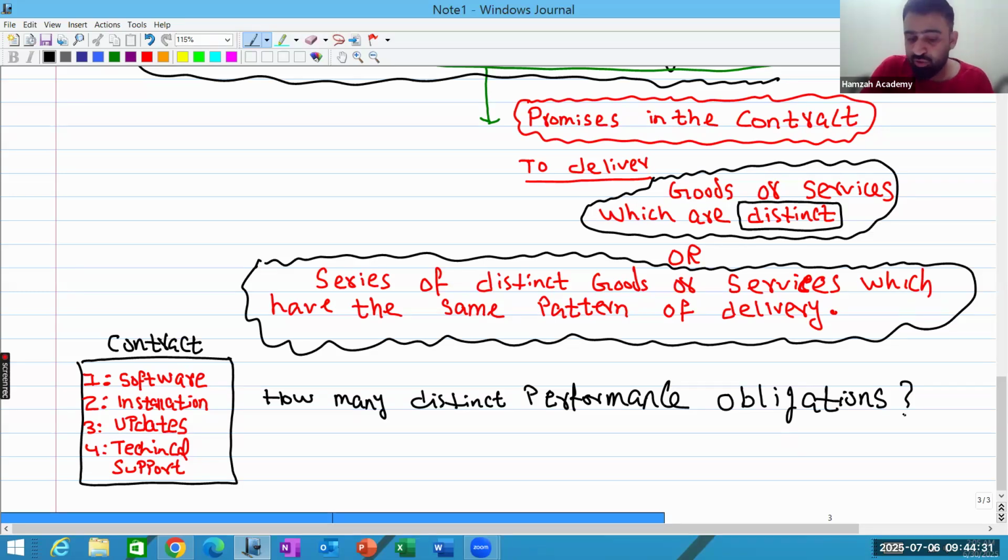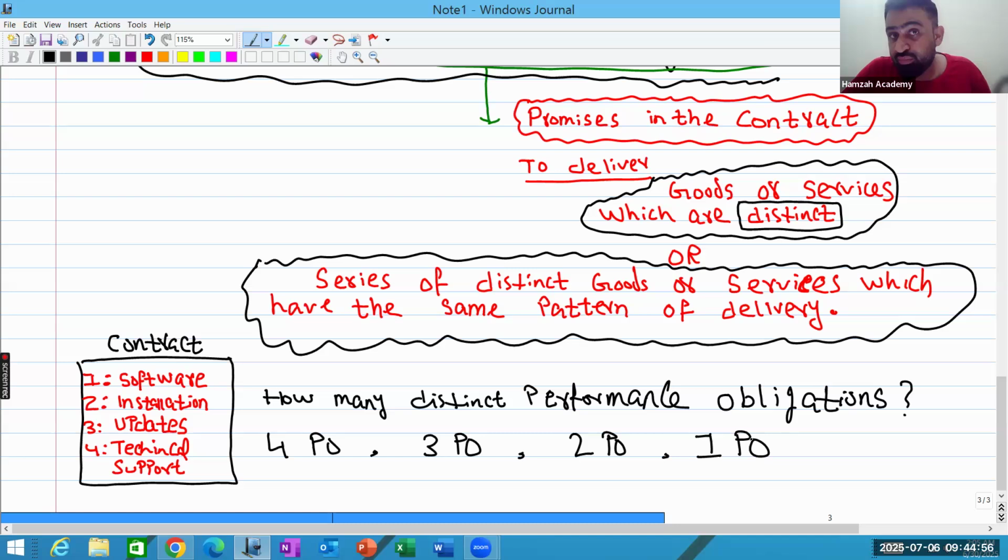Now, there are multiple possibilities. We may conclude that we have 4 performance obligations, or we may say we have 3 performance obligations. We can say we may have 2 performance obligations, or we can say we have only 1 performance obligation.